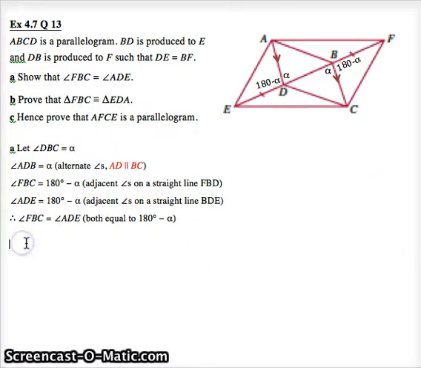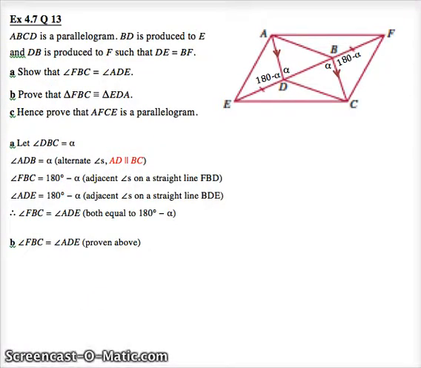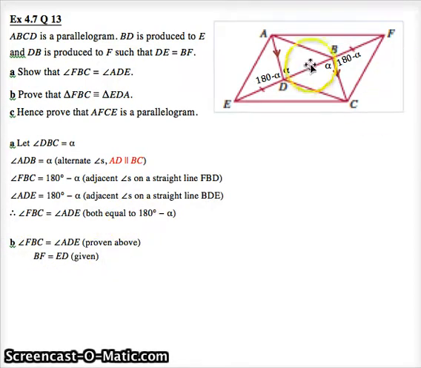So first step, angle FBC equals angle ADE, which was proven above. Then we can say that BF equals ED, which has been given. And the last bit of information is that BC equals AD because the opposite sides of a parallelogram are equal.